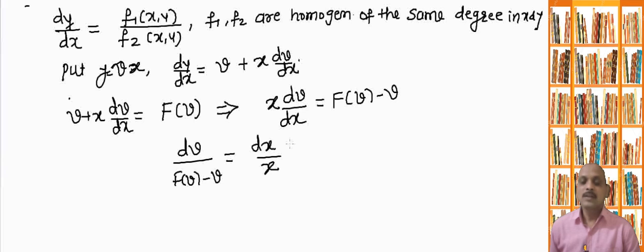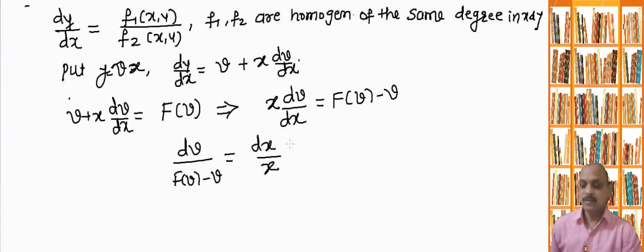Then these equations reduce to a simple form, that is x into dv by dx equal to f of v minus v, where we can separate the variables containing x and v, and by easy integration we can solve this differential equation, and finally in the solution we have to put the value of v, that is y by x. Okay, so to get a clear idea, let us see an example of this homogeneous equation.